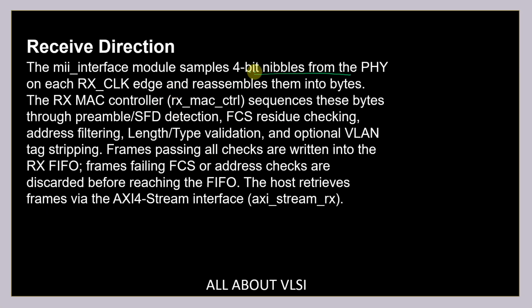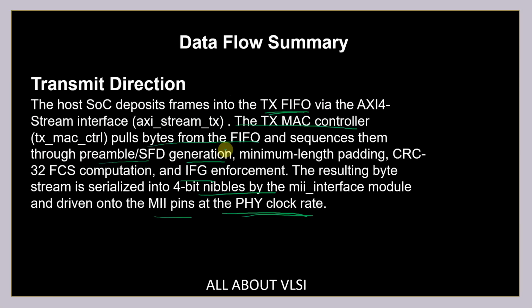It receives the 4-bit nibbles from the physical on the RX clock edge and reassembles them into bytes. And we have a model known as the RX MAC controller, which is going to sequence these bytes through preamble, FCS, residue checking, and all. Then it is going to give it to our AXI interface.